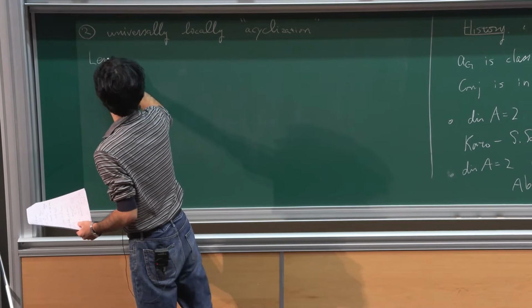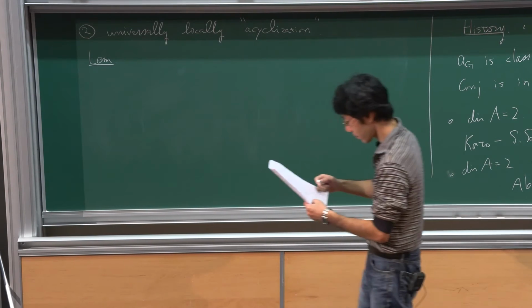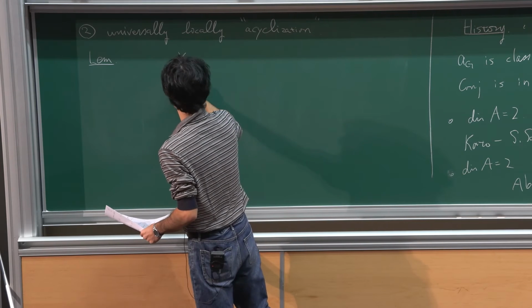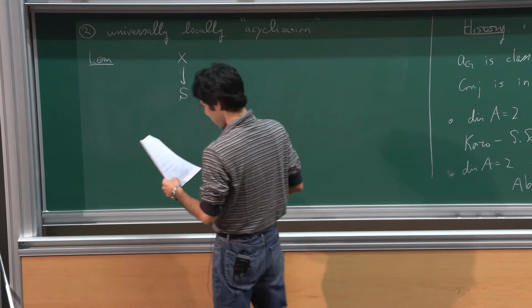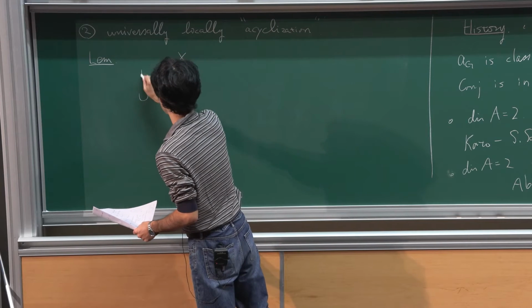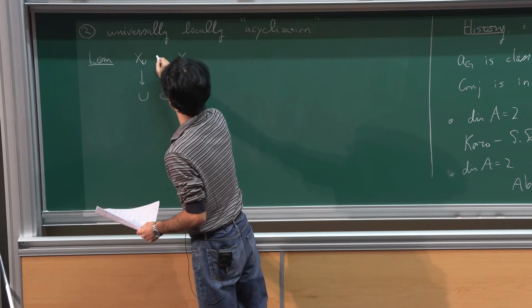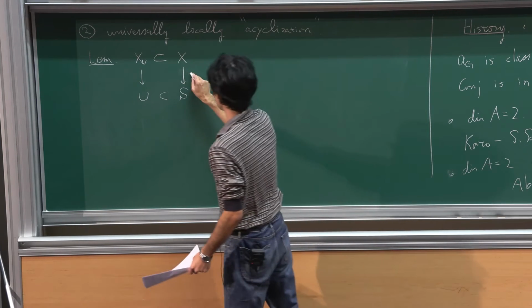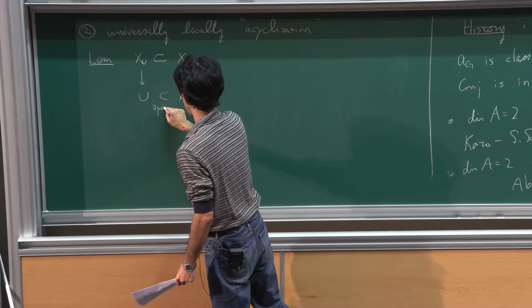Okay. So the situation is similar. I have X to S, and I have some open, open dense.